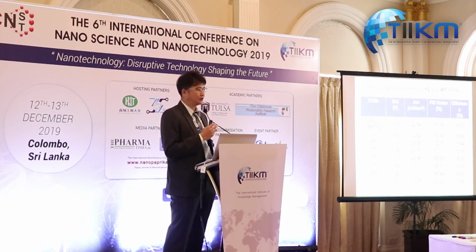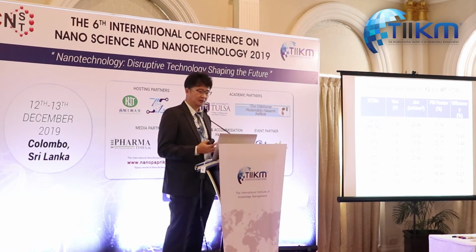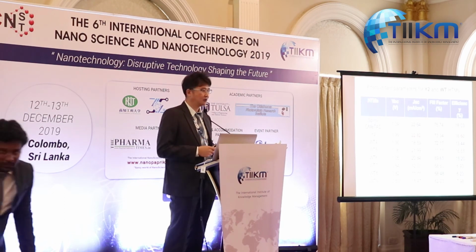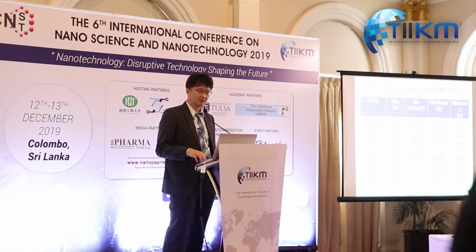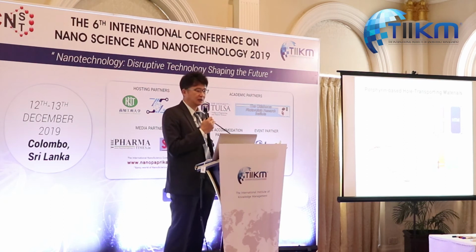Among these porphyrins, Y2 shows the best cell performance, which is slightly lower than the reference spiro-OMeTAD. And the device is composed of a perovskite layer spin-coated on titanium dioxide and a porphyrin hole transporting layer.